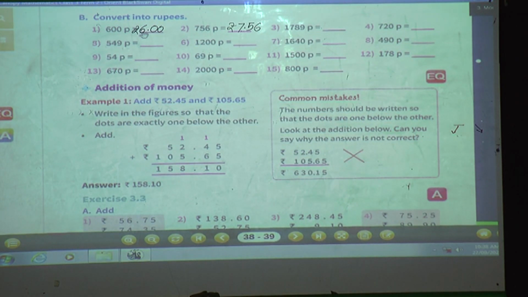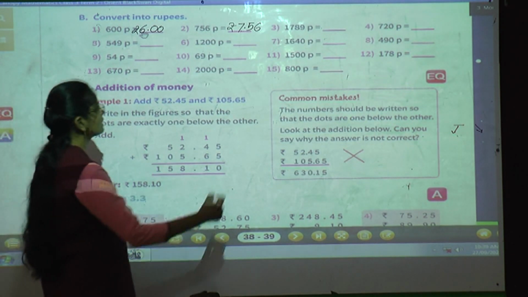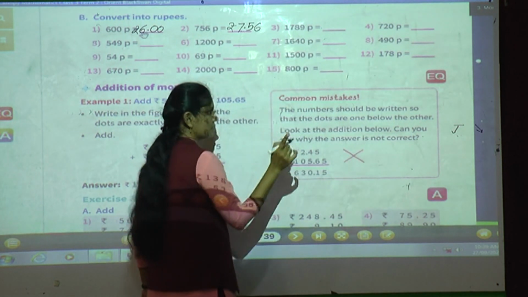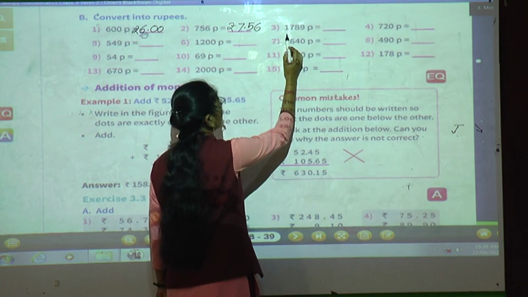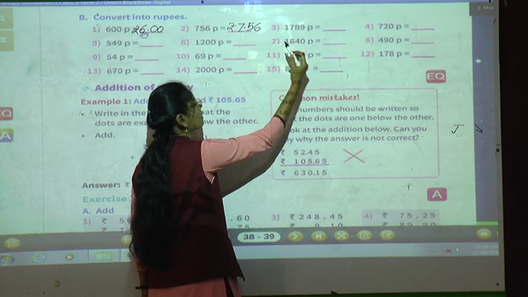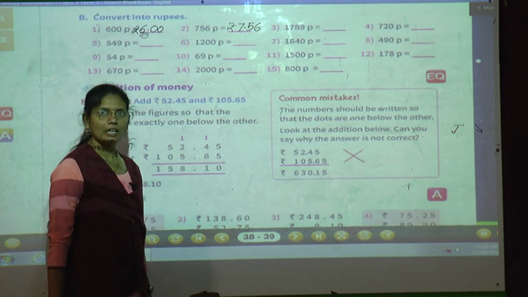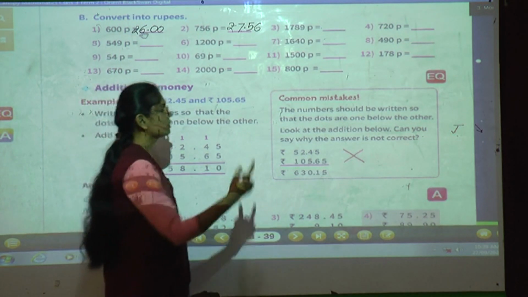See the number 1789 paise is equal to, now here what we will do, from the right side, before the second digit. Now this is a 4-digit number, from the right side which one is the second digit? 8 is the second digit from the right side.